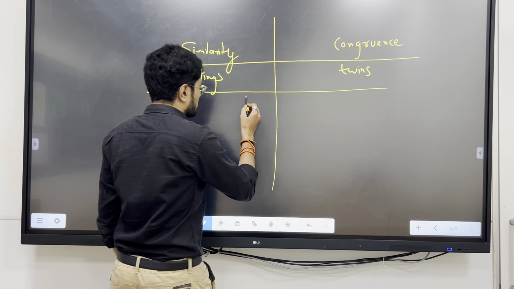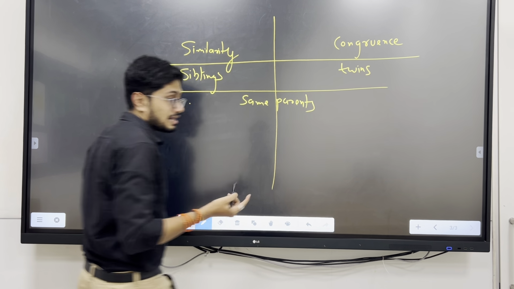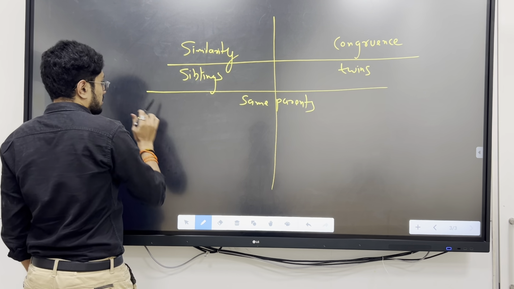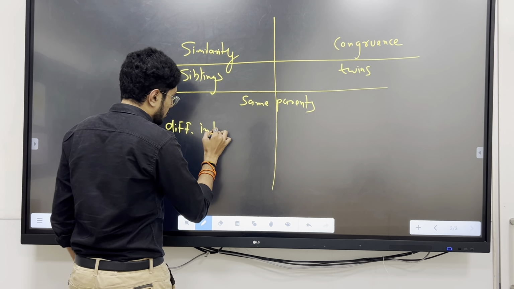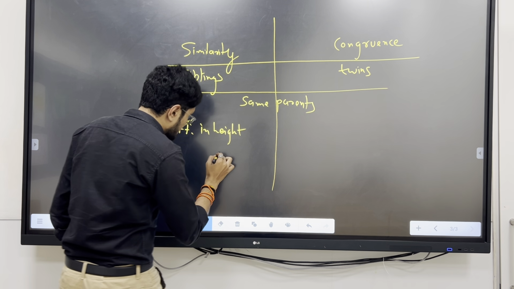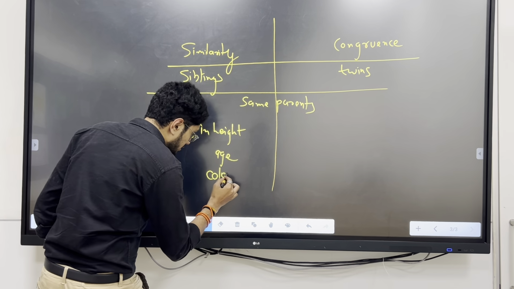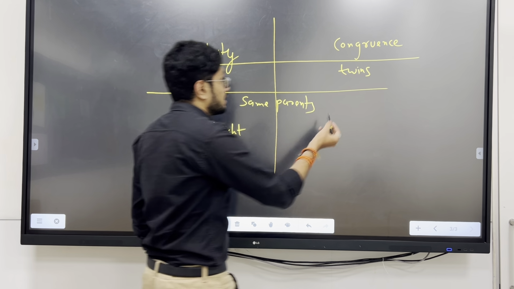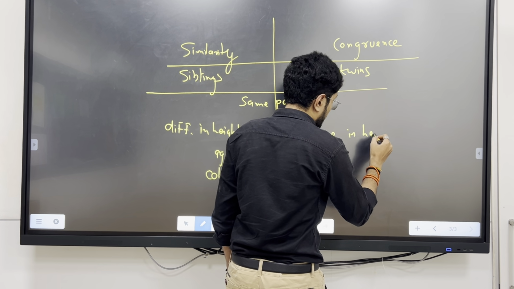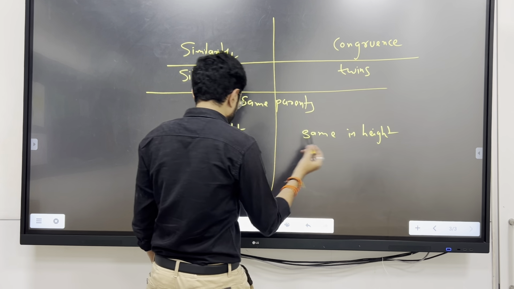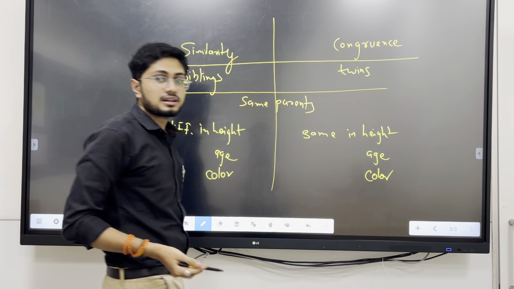Siblings and twins both have the same parents, but siblings are different in height, different in age, and different in color also. But twins are the same in height, the same in age, and maybe sometimes the same in color also.